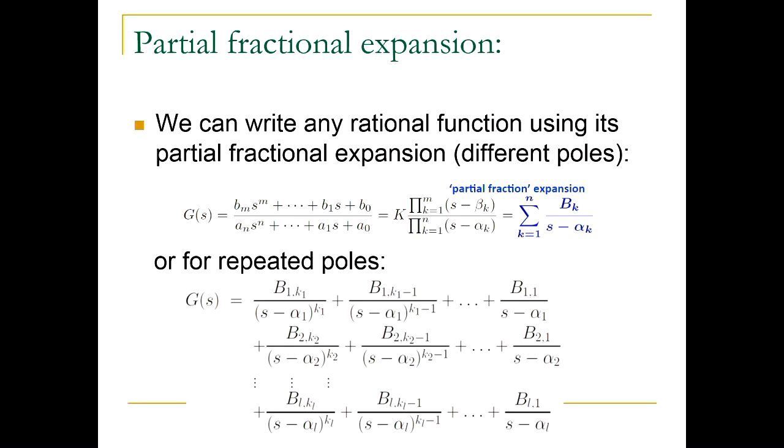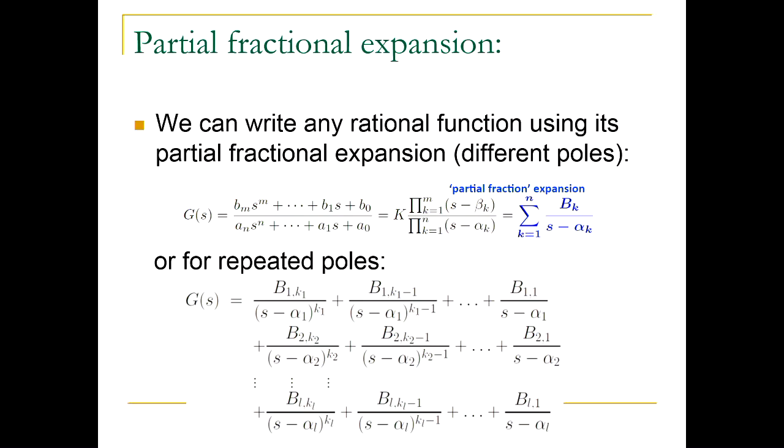When m is strictly smaller than n, I call it strictly proper. This properness is related to the important concept of causality. The transfer functions corresponding to causal systems are proper.